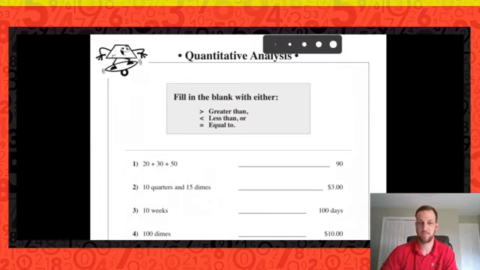So let's get those names to match up, and the easiest way to do that is to figure out how many dollars, how much money altogether 10 quarters and 15 dimes is. Can somebody tell me that?